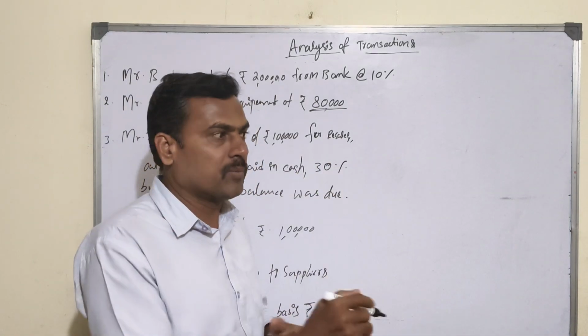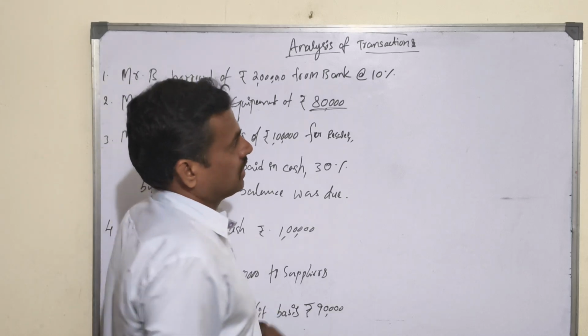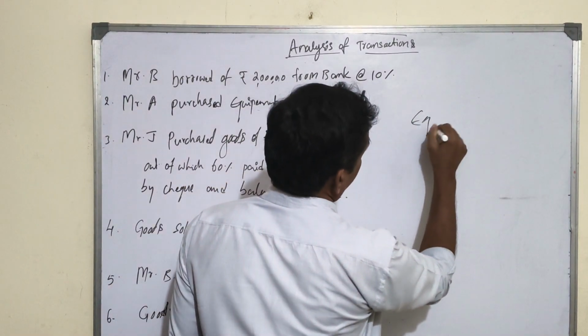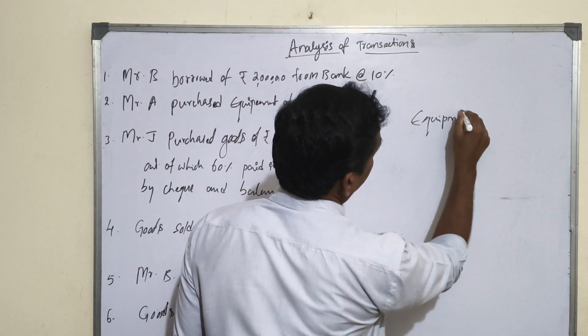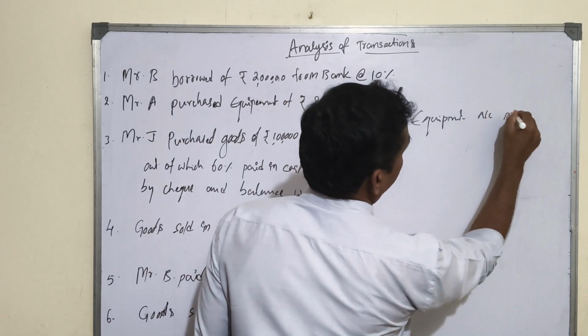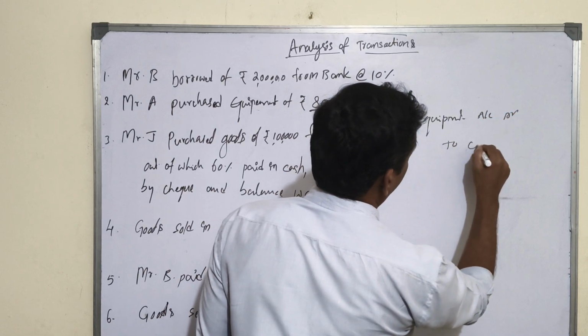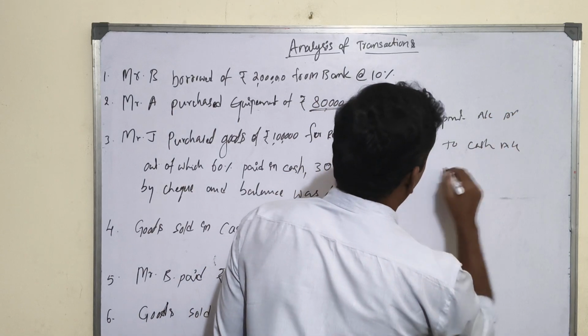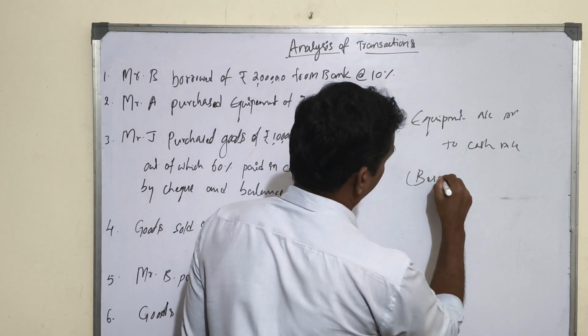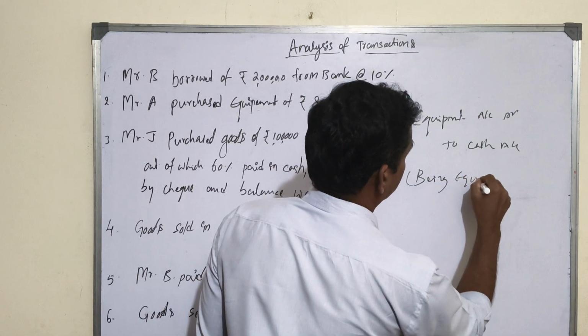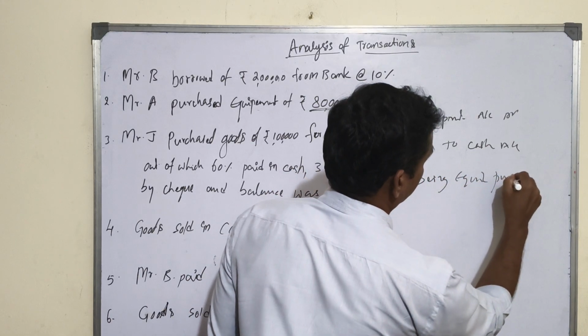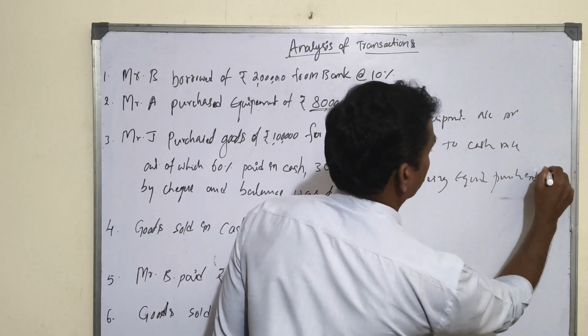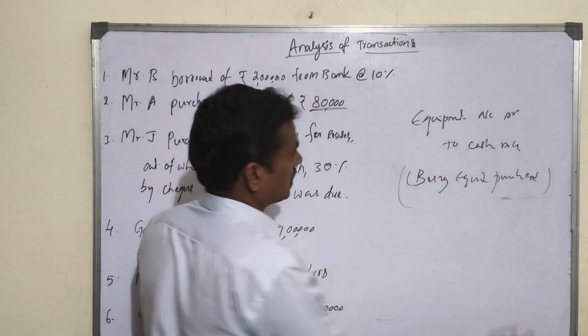When an asset is coming to the business, debit. Equipment account debit to cash account, being equipment purchased by cash, right? 80,000.